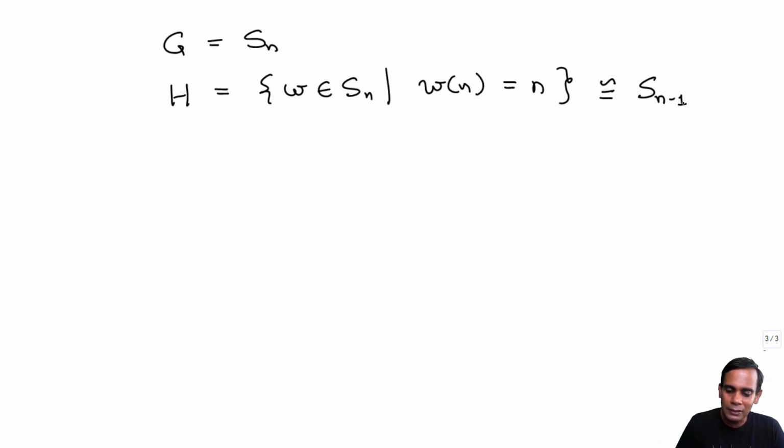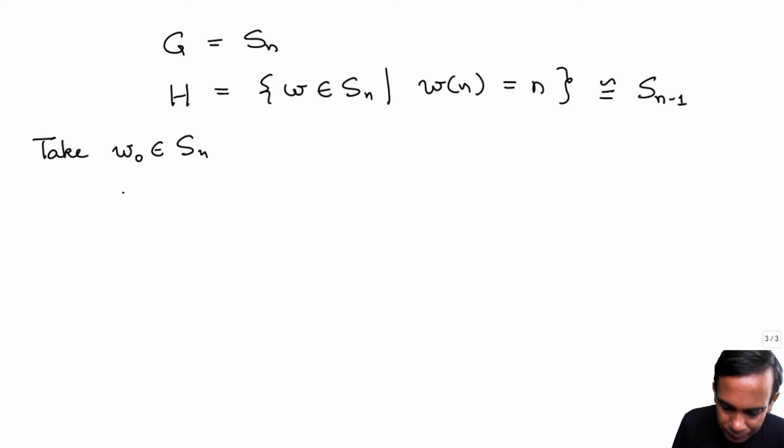And now let's ask ourselves, what are the cosets of H in G? So here's a nice observation. Suppose I take some element w0 in Sn, and let's look at w0H.